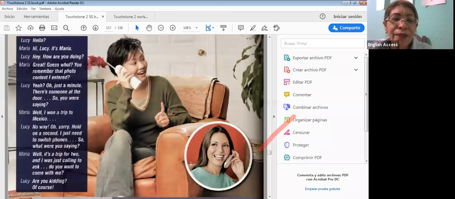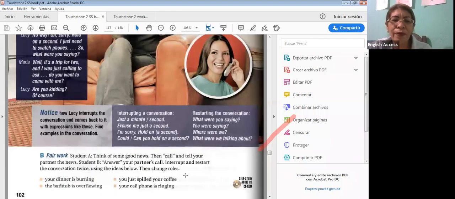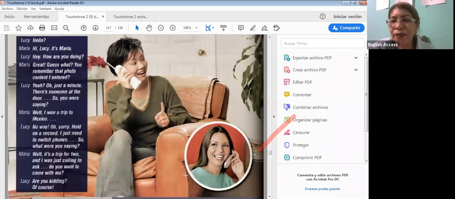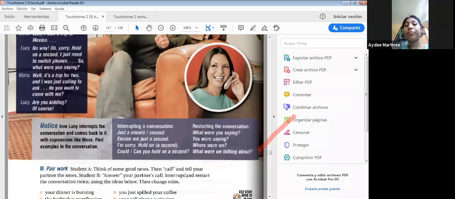Next Sunday, I'm going on a trip to Hawaii. Okay, just an example. And then Aide says, oh, just a minute, and you have the problem. My dinner is burning, okay? Hold on a second. Then you go and you continue. Okay, so you were saying, and you continue that conversation. Do you understand? So that's what you're going to do.